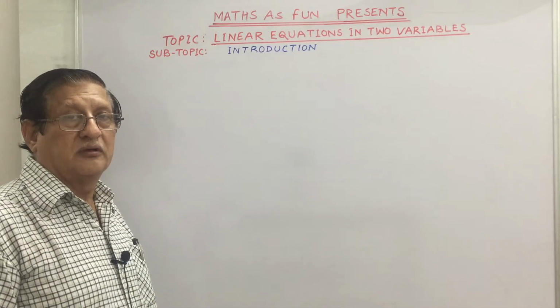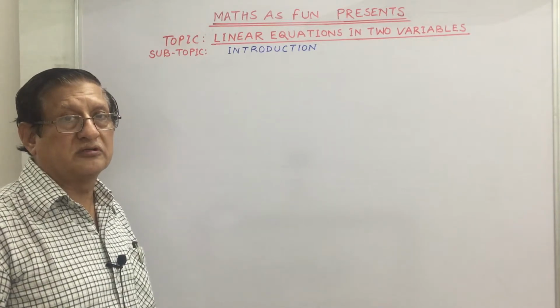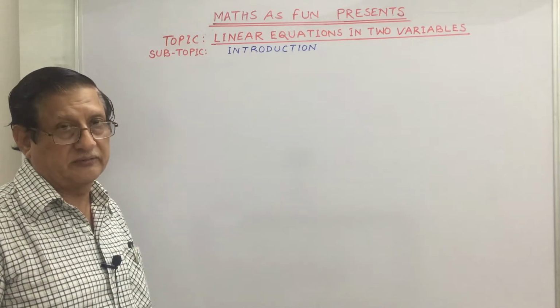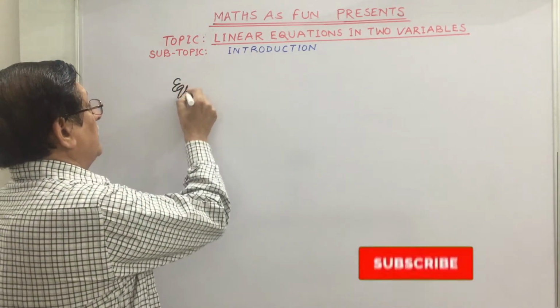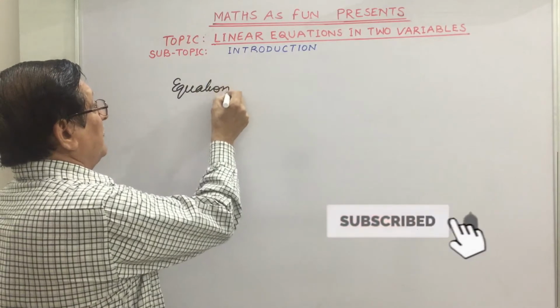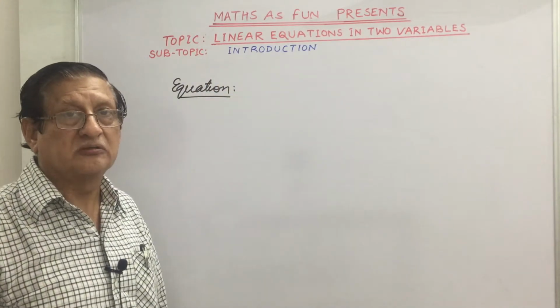Hello everyone. In this video we are going to learn about equations, what an equation is and what types of equations there are. See, what is an equation? When we talk about the equation, we know about the algebraic expression.